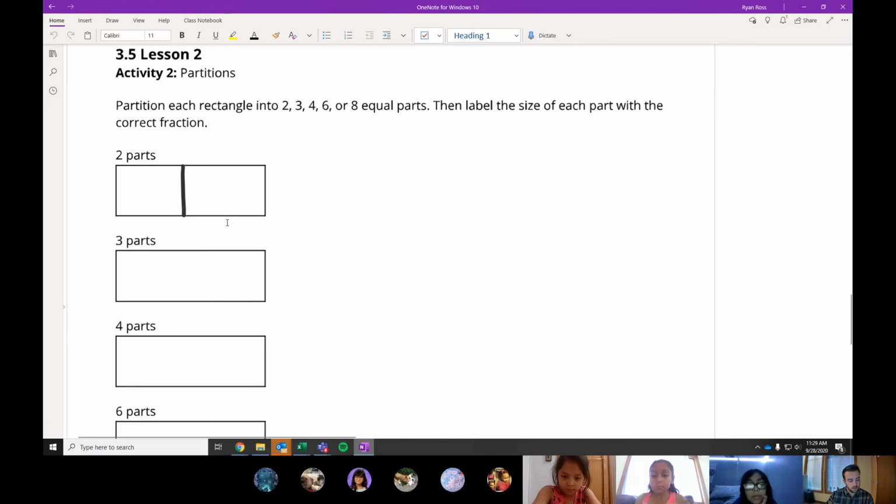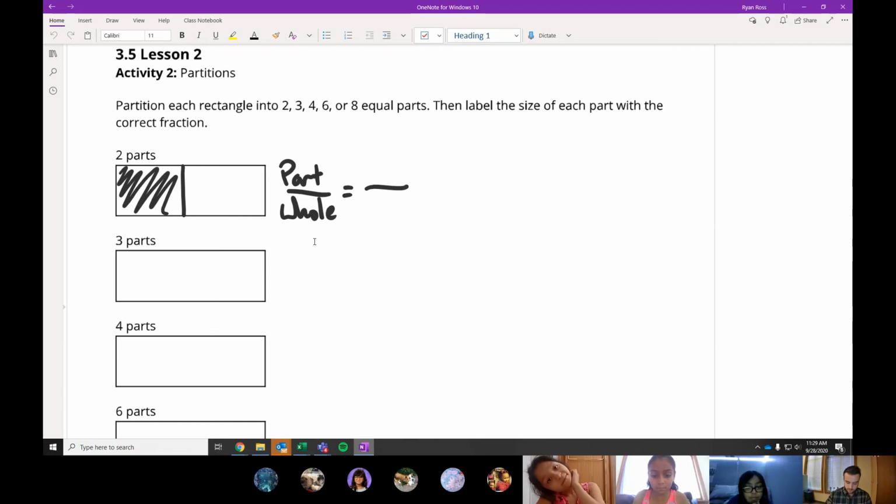Looking at this rectangle here, the one that's cut into 2 parts. We said we had parts on top over whole on the bottom. So if I'm looking at this piece right here, how many of those pieces are shaded? 1. Yep, so one part is shaded. How many parts make the whole?